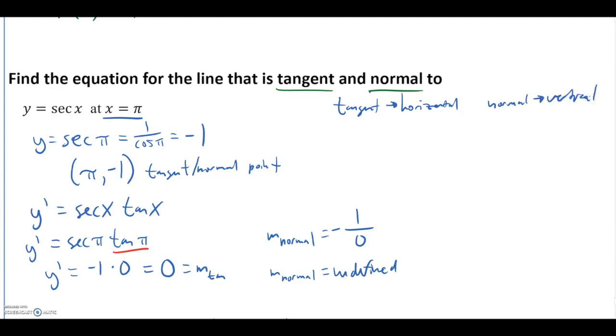Hopefully remember from previous work with lines, horizontal line is always just written as y equals the y-intercept for that line, which we know from our point to be negative 1. And a vertical line is always written as x equal to the x-intercept for our line, and the x-intercept is the x value from our point, which is pi.